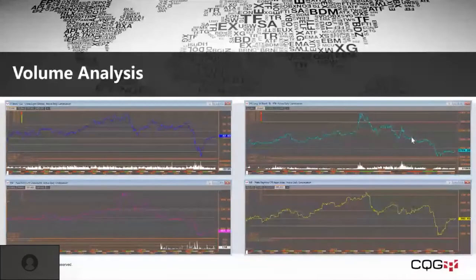At the top right, we'll see the PTA price and the liquidity that it shows. So there's quite a lot of volume on those two particular products. And at the bottom, we will see the PX. Bottom left is PX, and then bottom right, you'll see the naphtha.